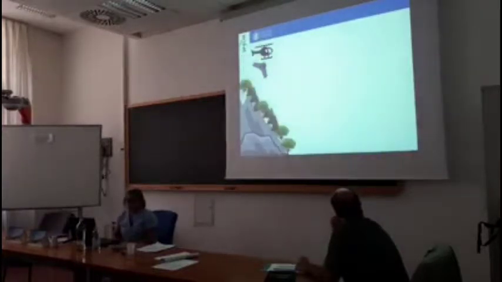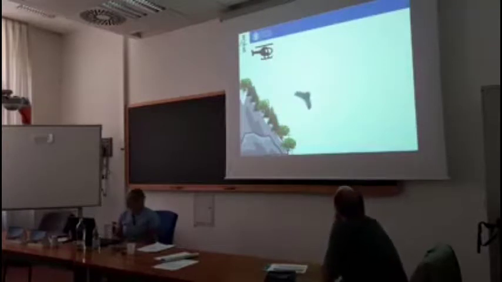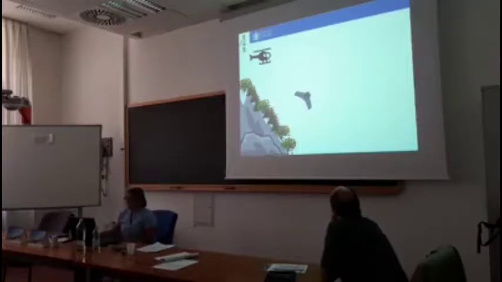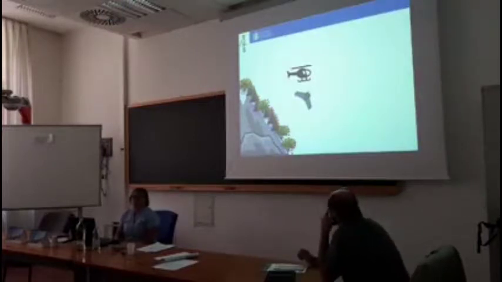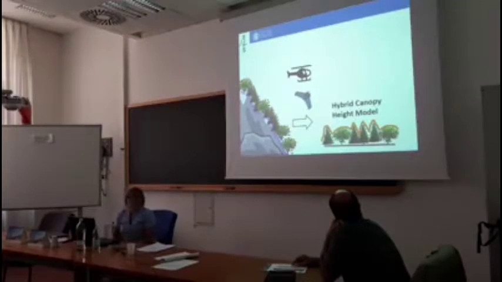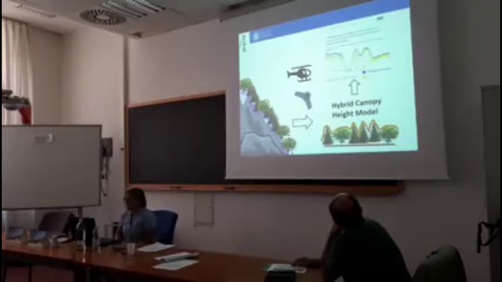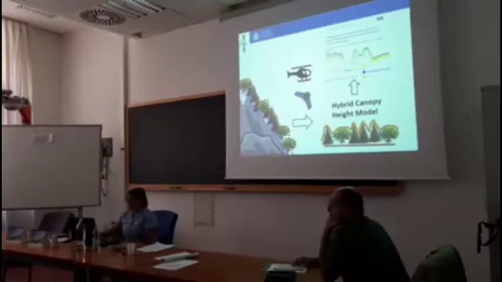Until now, UAV photogrammetric data were used to build a point cloud of the surface of the forest, of the canopy, and then merged with a digital terrain model, usually a LiDAR DTM acquired by helicopter, in order to obtain a hybrid canopy height model that in literature has the same result in the estimation of a growing stock or other index as the one derived by LiDAR.